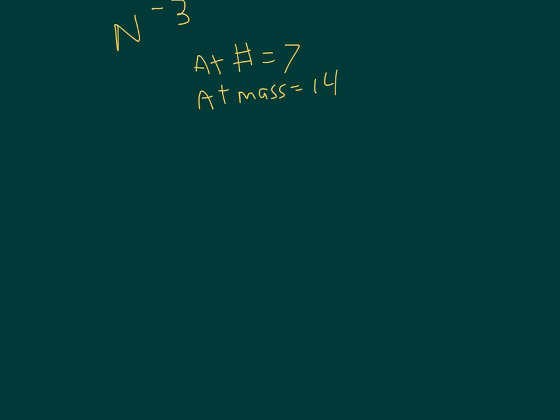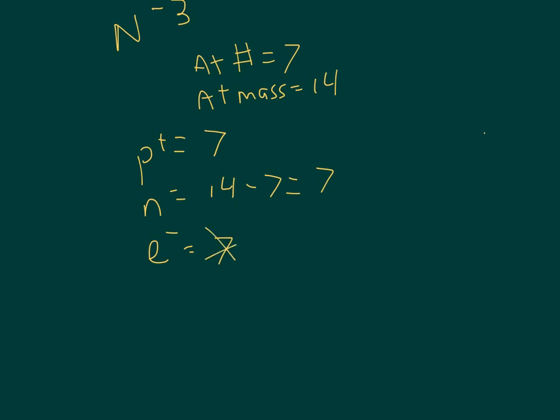And if I were trying to identify the protons, neutrons, electrons, the number of protons is always equal to the atomic number. There would be 7 of them. The number of neutrons, we take the mass, 14, minus the number of protons, 7, gives me 7. Now normally if this had been neutral nitrogen, there would be 7 electrons.